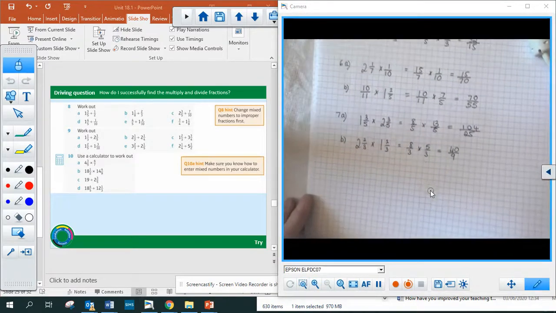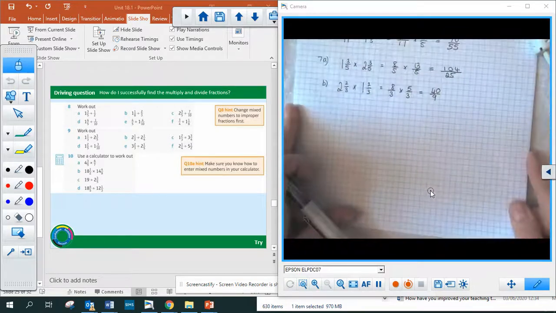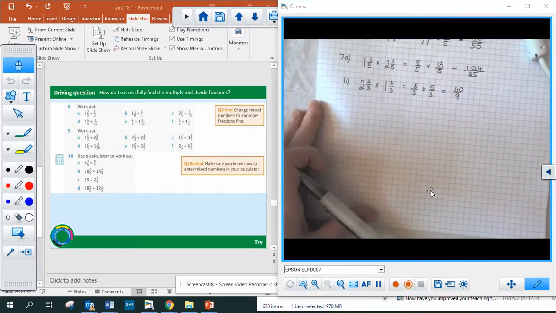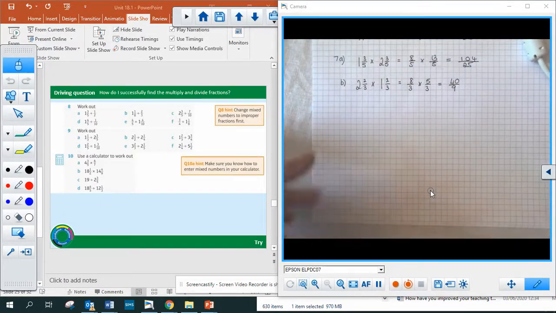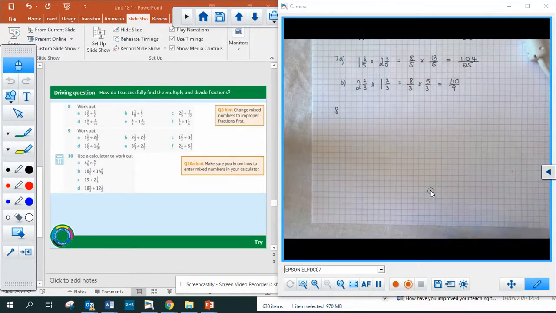Okay, so question 8. Again, as with the ones before, I'm only going to go through 2 from each question because they're simple enough. If you didn't have a calculator to do question 10, don't worry about that. We won't focus too much on that now.